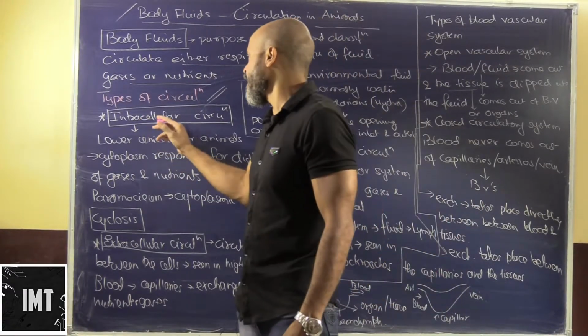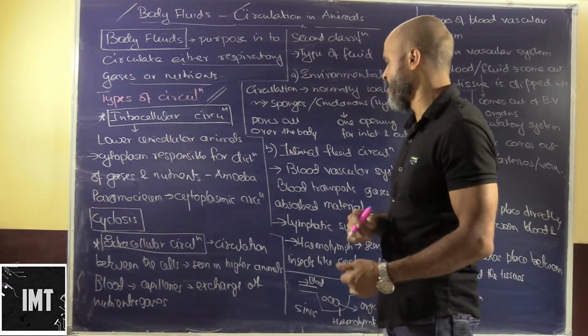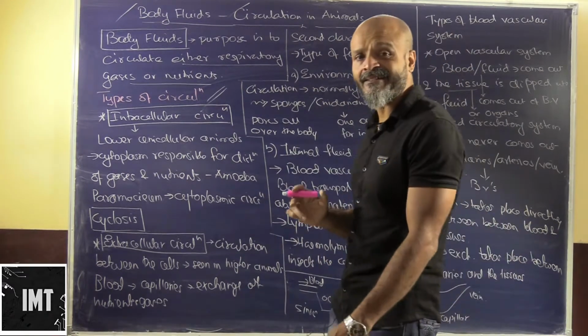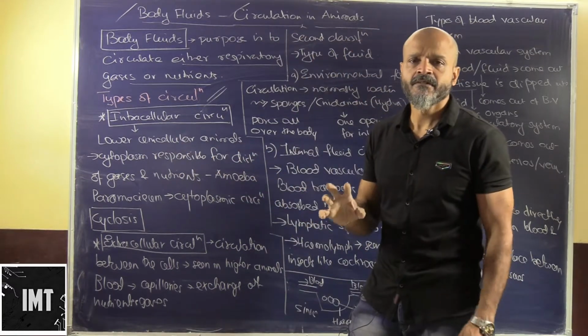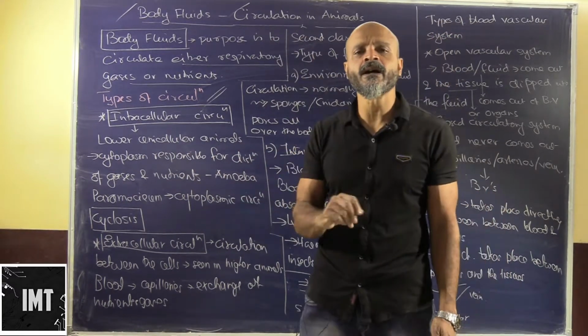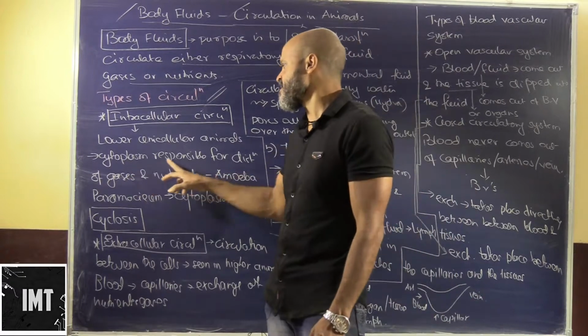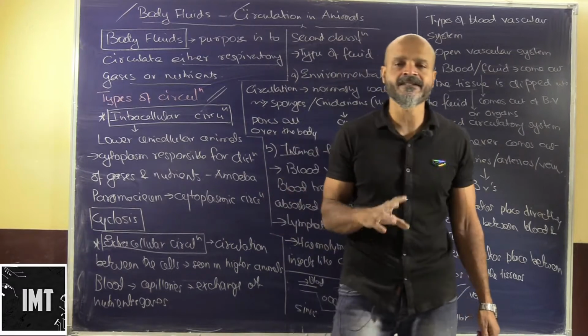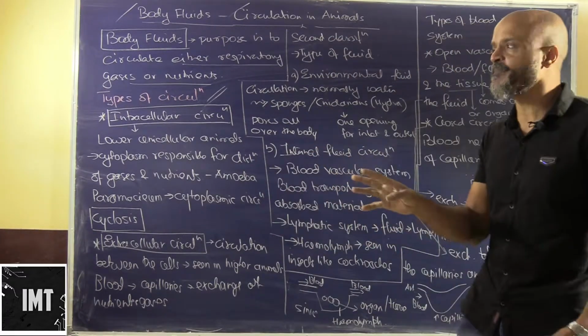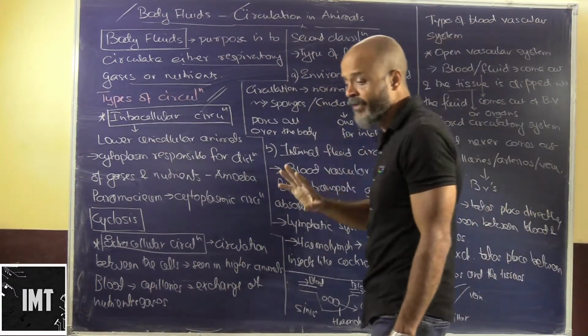So here we have intracellular circulation. What do we actually mean by intracellular circulation? In lower unicellular animals, let's say amoeba or paramecium, the cytoplasm is responsible for the distribution of gases and nutrients. So the cytoplasm is basically playing the part of blood or lymph.